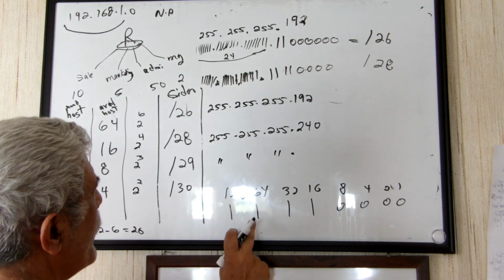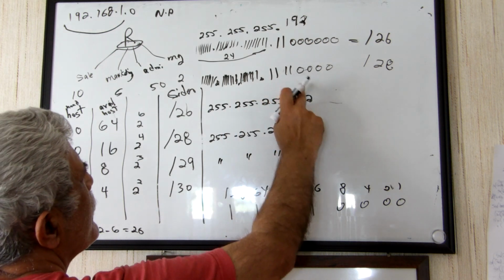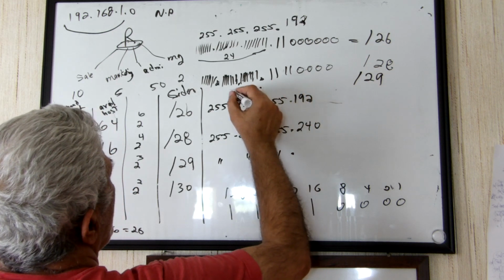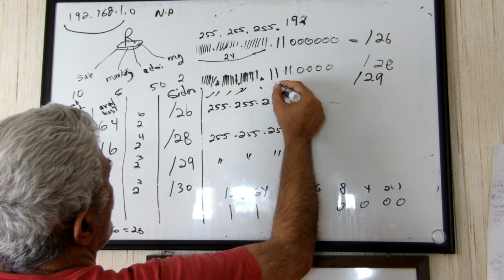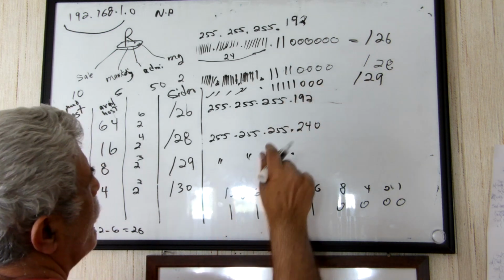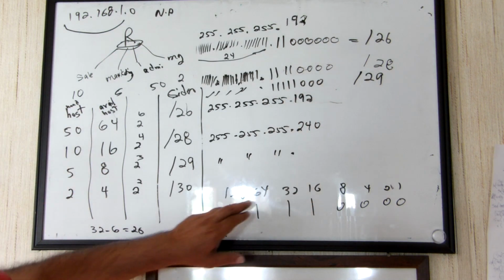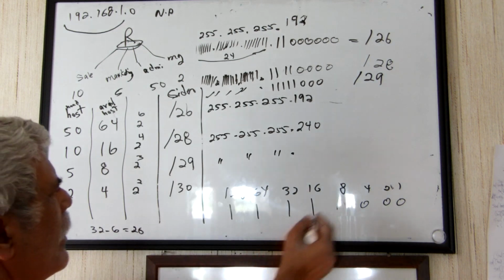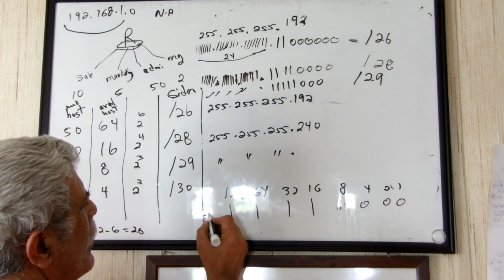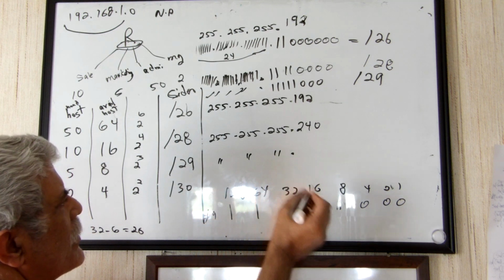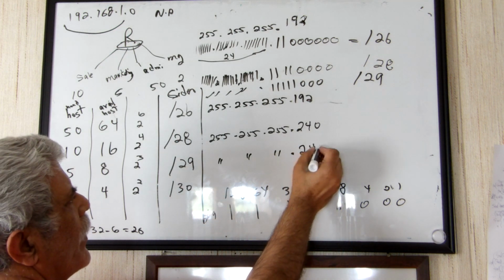There are 5 ones in the last octet. It is the same as the 24 ones, plus 5 of them. 240 had 4 ones, and with 5 ones, /29 is going to be 248.